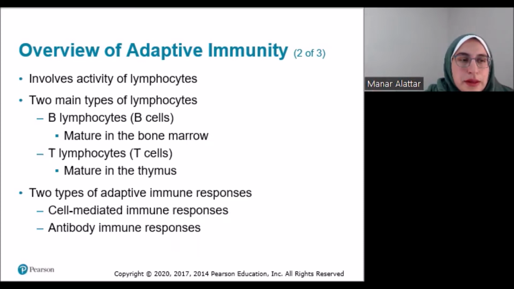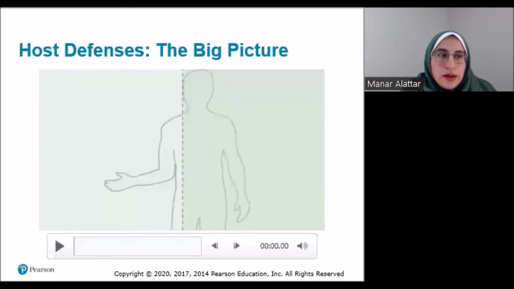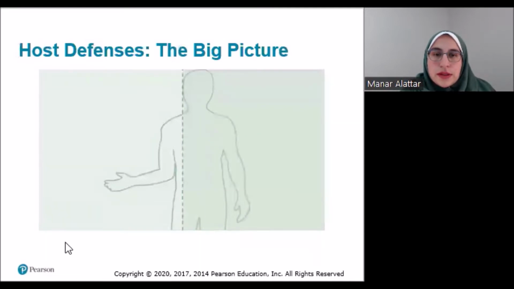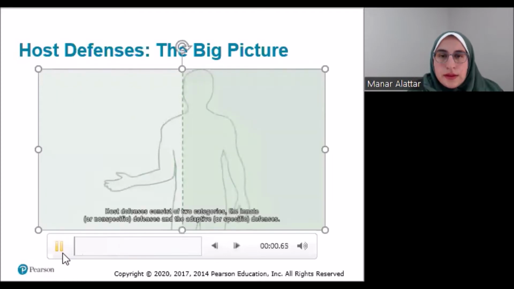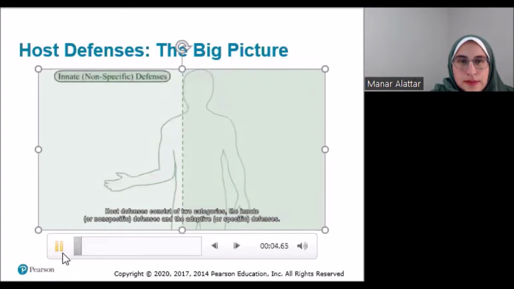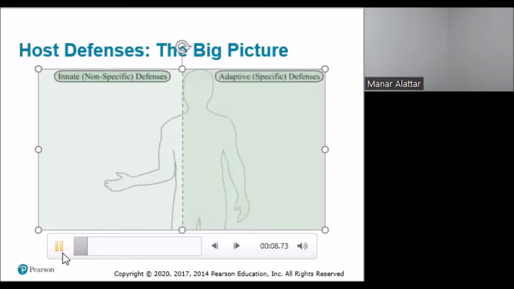Okay. Here's an overview of what's going on with host defense. Host defenses consist of two categories: the innate or non-specific defenses and the adaptive or specific defenses. The human body has many innate defenses to prevent disease.